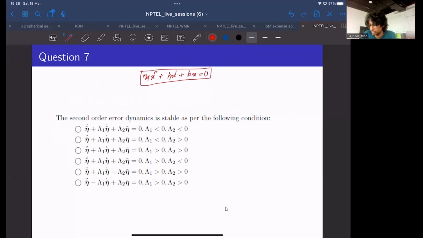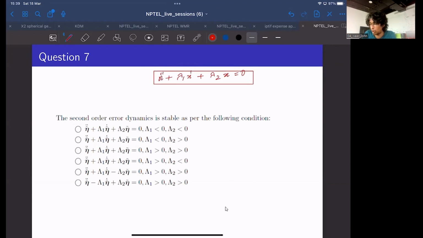Right? Or any second order system, let me take a generic one: x double dot plus lambda 1 x dot plus lambda 2 x equal to 0.